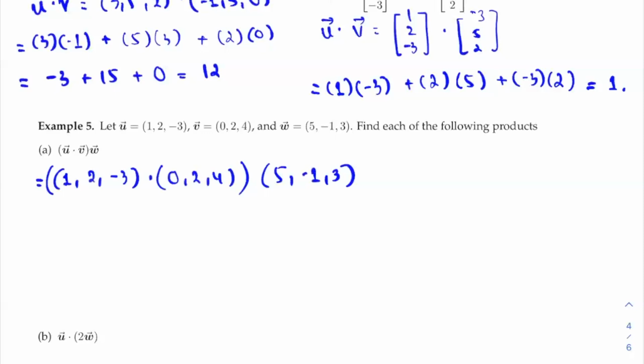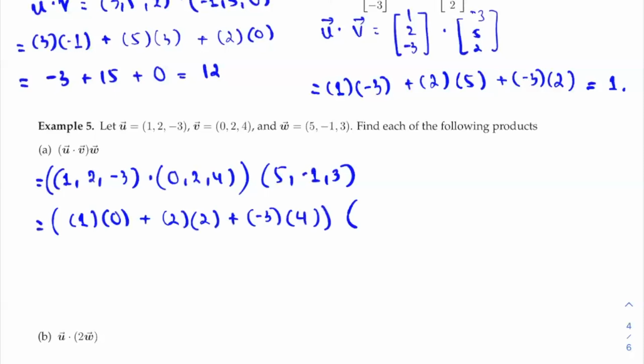So I perform the dot product first, and I get 1 times 0 plus 2 times 2 plus negative 3 times 4. Then I do the regular multiplication with 5, negative 1, 3. For the calculation inside the parentheses, if you do it correctly, you get negative 8 multiplied with 5, negative 1, 3.